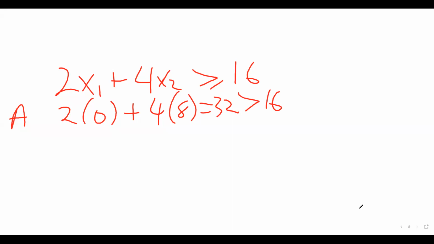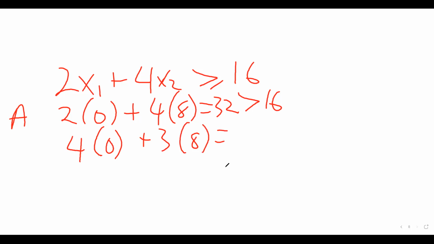So A satisfies constraint nitrogen. Now let's see whether it satisfies constraint phosphate. I'm sure you remember that phosphate is 4x1 plus 3x2.